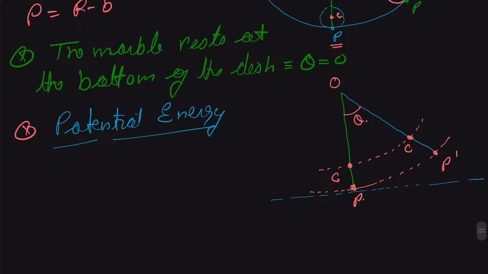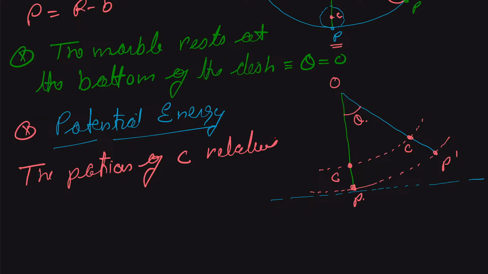Therefore we can say that the position of C relative to O is along the radius rho, is along the radius.